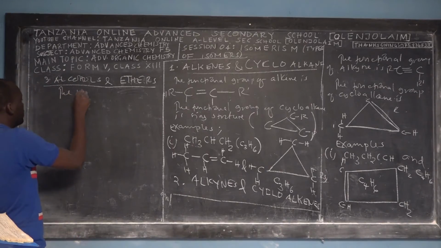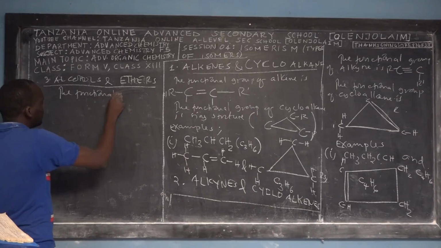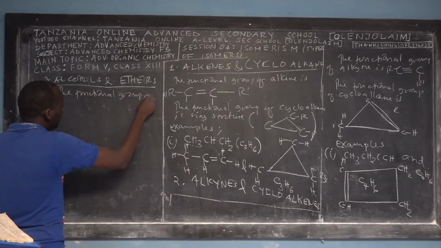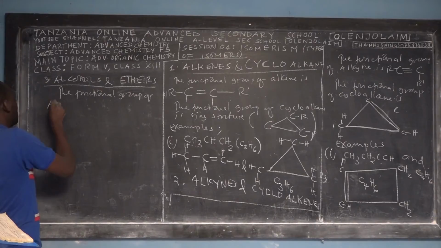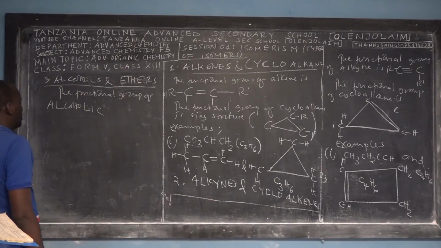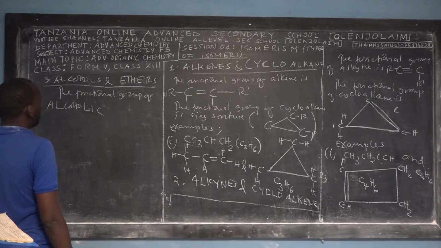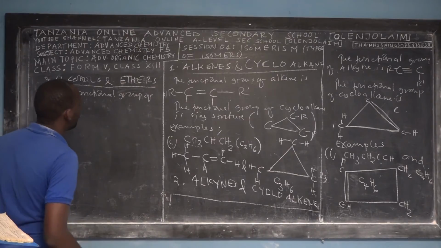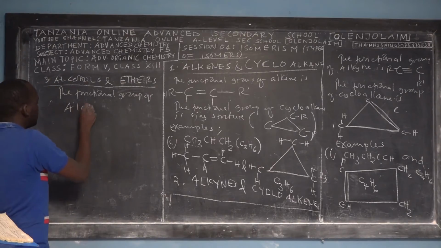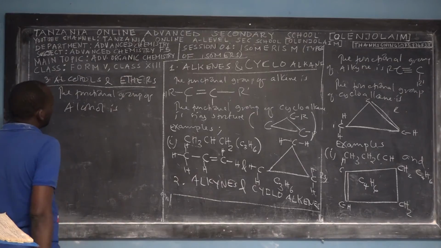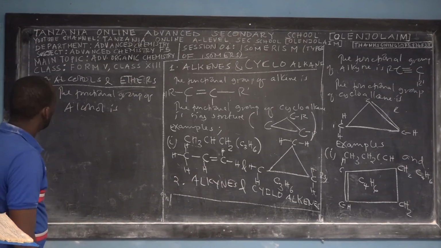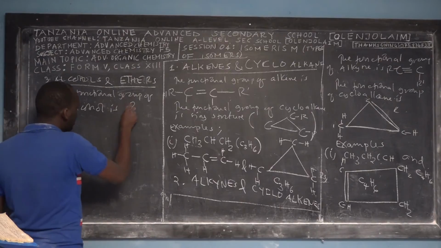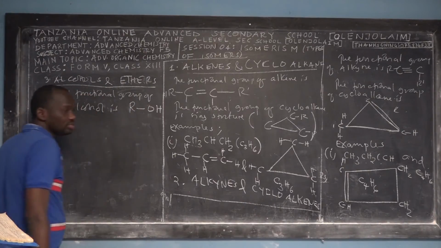The functional group of alcohol. So what is the functional group of alcohol? The functional group of alcohol is R-OH.